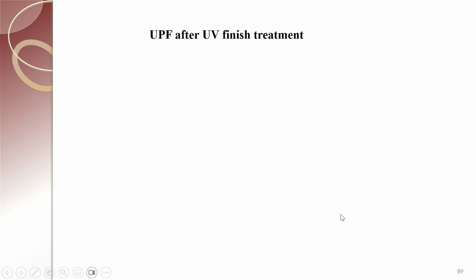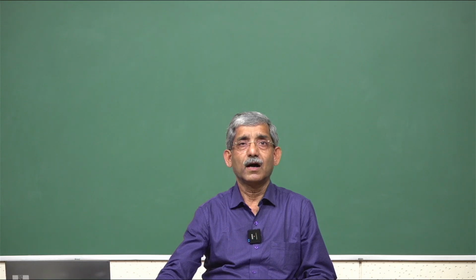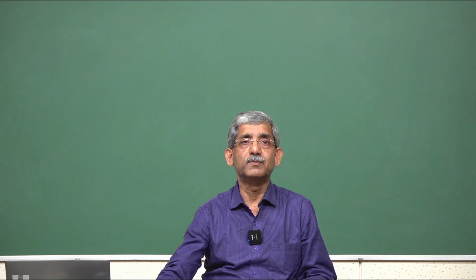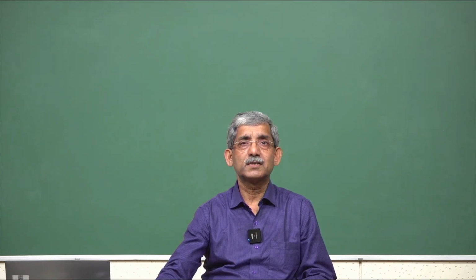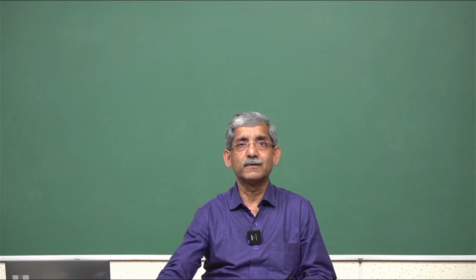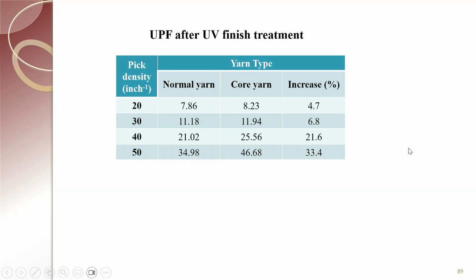and what we have done, we have treated the fabric with UV finish treatment. So, let us see after UV finish treatment, this increase, the percentage increase from the normal yarn to core yarn has been magnified.